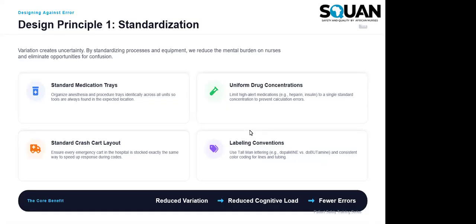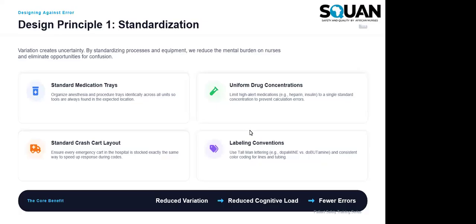The other thing is about standard crash cart layout, which of course is similar to the medication trays I talked about. For our crash cart, it needs to be clear what consumables are in the crash cart. Cannulas should be arranged properly by size, the catheters, cannulas, all of those things, the NG tubes, your epigastric tube, all of those tubes that you use for your resuscitation, all of those things should be properly arranged, right?